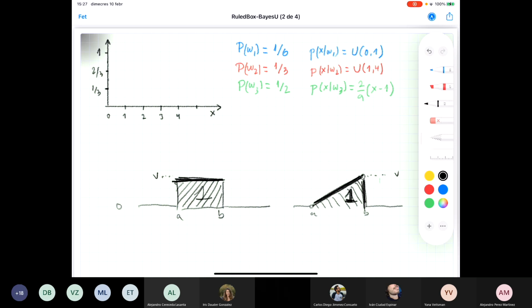So this value needs to be 1 divided by B minus A, isn't it?